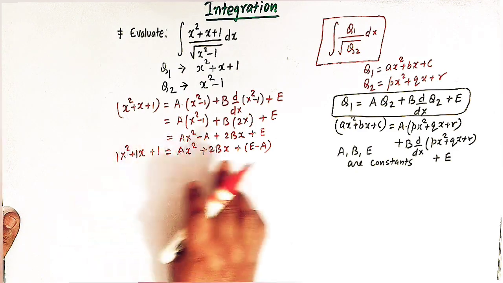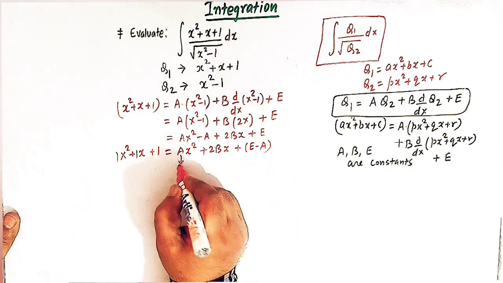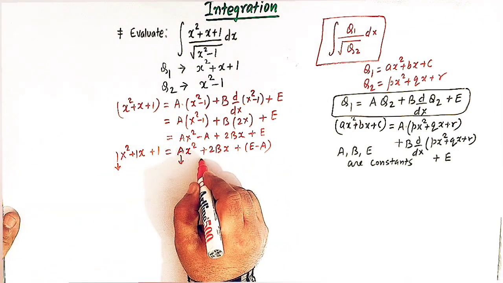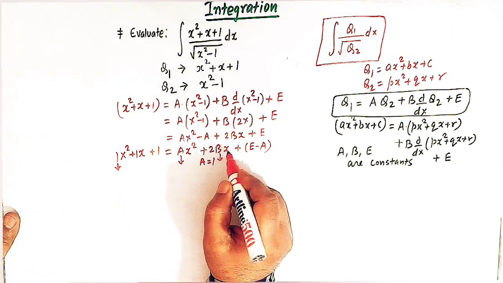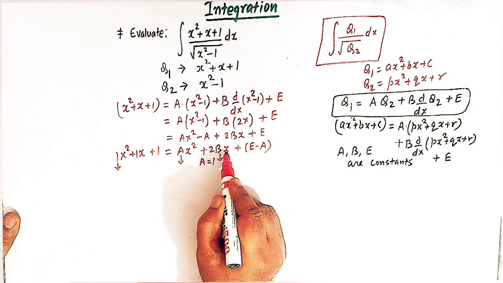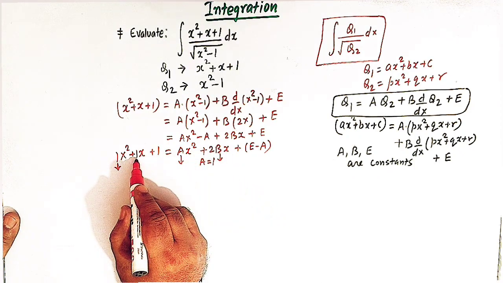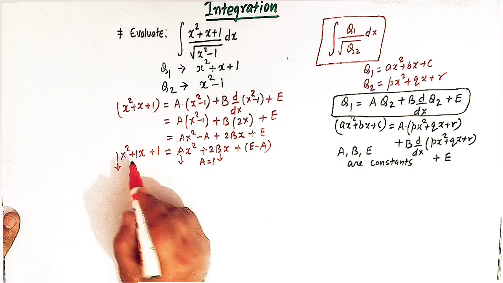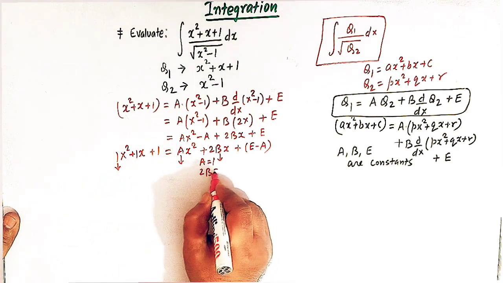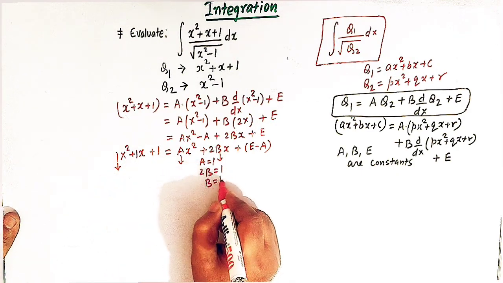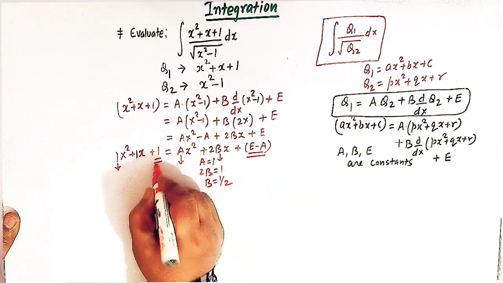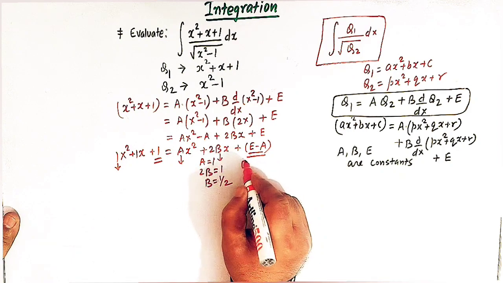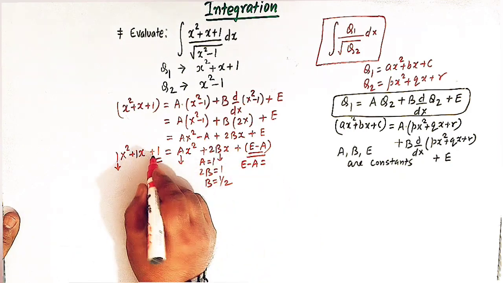So comparing both the sides, the value of a is equal to 1, right? And the value of the coefficient of x is 2b, and here the coefficient of x is 1. So we have 2b is equal to 1. So b is equal to half, right? And the constant term, that is e minus a, is equal to 1.